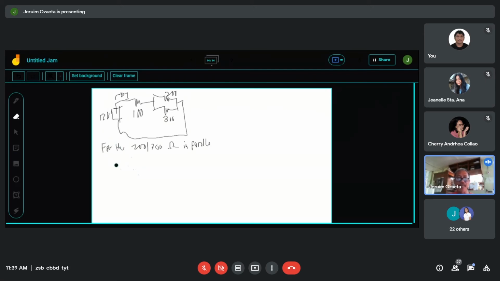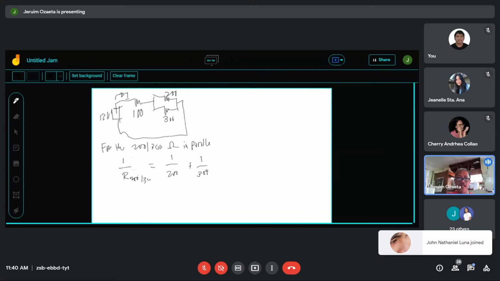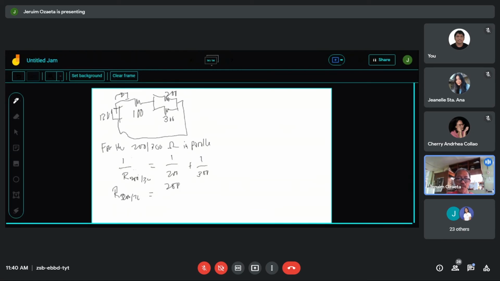Okay, since they are in parallel, we say that for a parallel circuit, the total resistance of 200, 300 is equal to 1 over 200 plus 1 over 300, which reduces to R equals 200 times 300 over 200 plus 300.